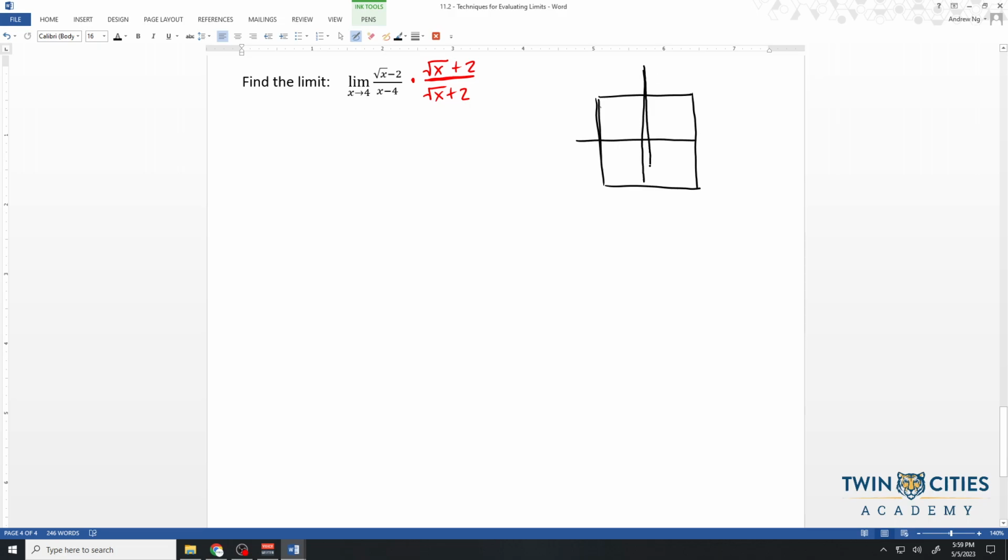But for now, I think it'll be nice for us to do that. So I've got the square root of x minus 2, and I'm multiplying to the square root of x plus 2. Here I'll have the square root of x squared, or just x. Here I'll have plus 2 times the square root of x, and here I'll have minus 2 times the square root of x. And lastly, minus 4.